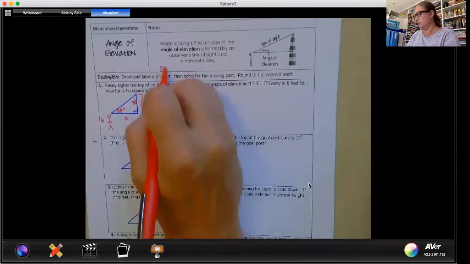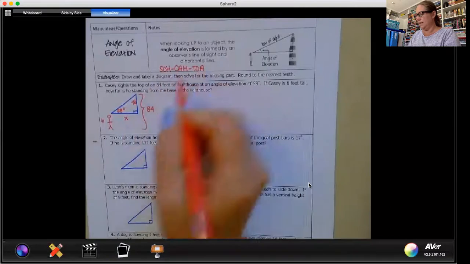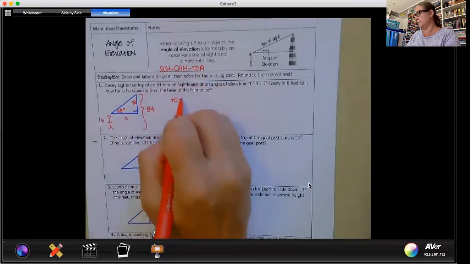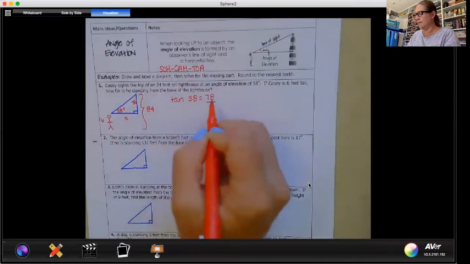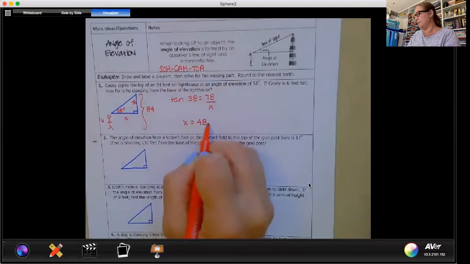We're going to use SOHCAHTOA. And here's our angle. And so we have opposite and adjacent, which is tangent. And x is on the bottom, so we divide 78 divided by tangent 58, and we get 48.7 feet.